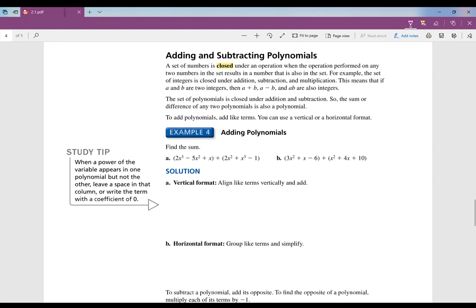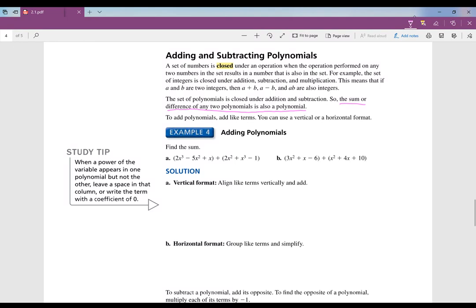This means that if a and b are two integers, then a plus b, a minus b, and a times b are also integers. So what we need to know from this is that the set of polynomials is closed under addition and subtraction, which means the sum or difference of any two polynomials is also a polynomial. So if we add or subtract any polynomials, our answer will still be a polynomial.